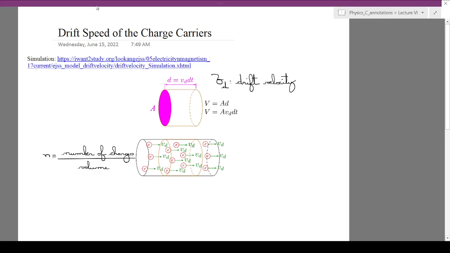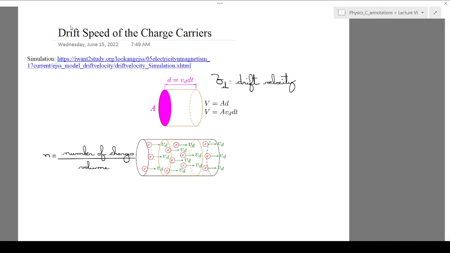And the volume, you just found an expression for here, right? You can actually start making this expression a little more robust.